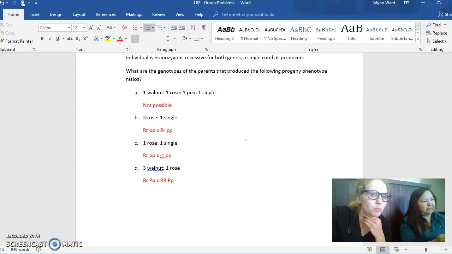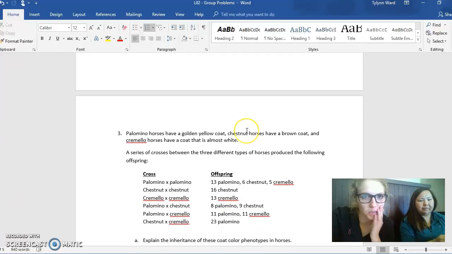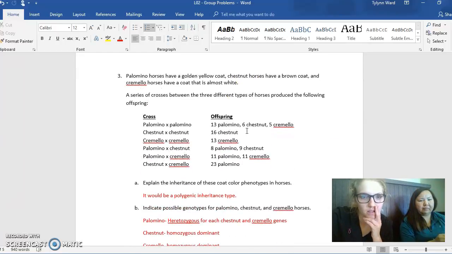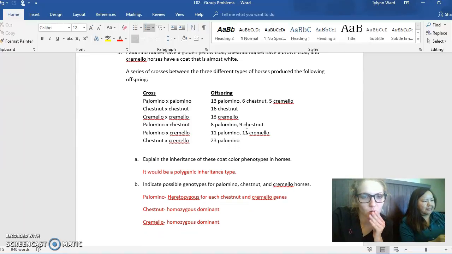And then for B, this is what we got for B, just reading the alleles. And then this is what we got for C and D. Just because you have to match with each requirement, which is recessive and not, you just take the possibility of both of them. And then for number 3, when it's talking about the Palominos, or the horses, this is an example of polygenic inheritance.